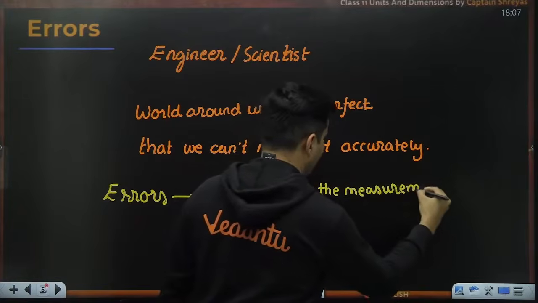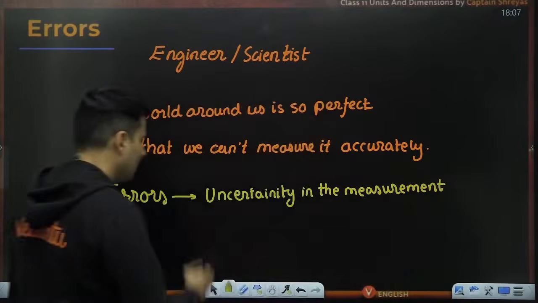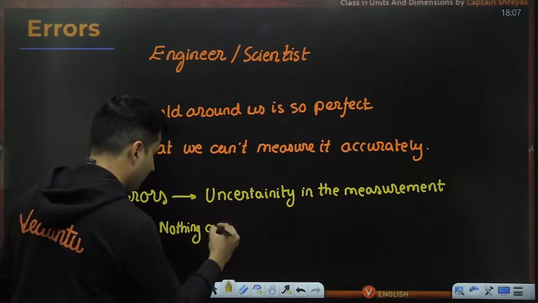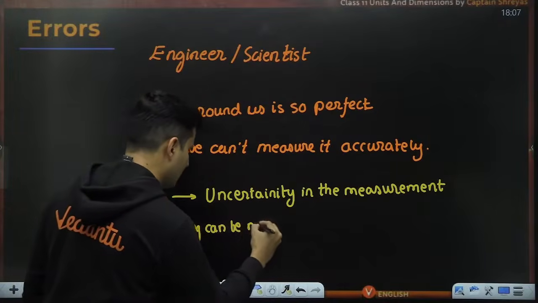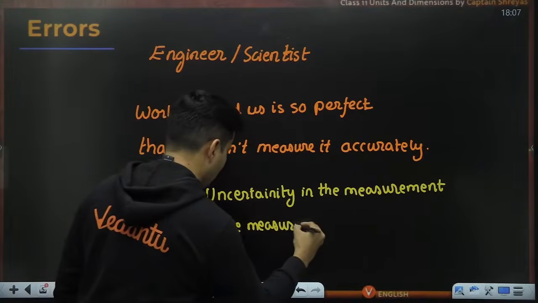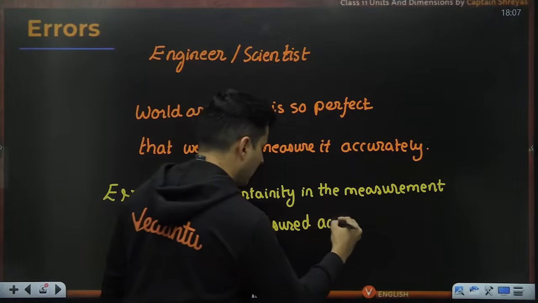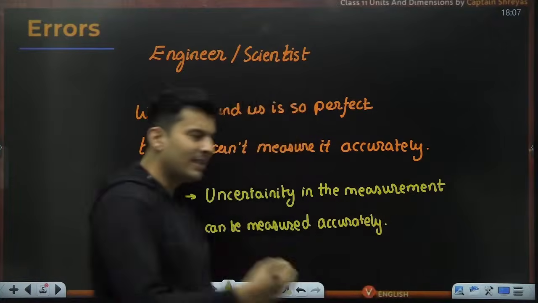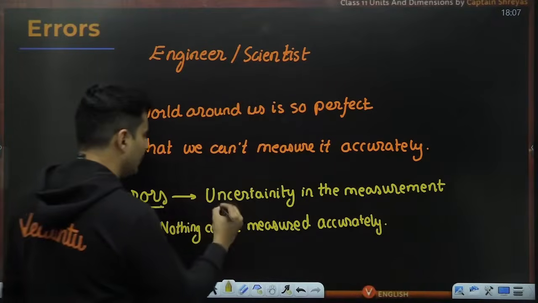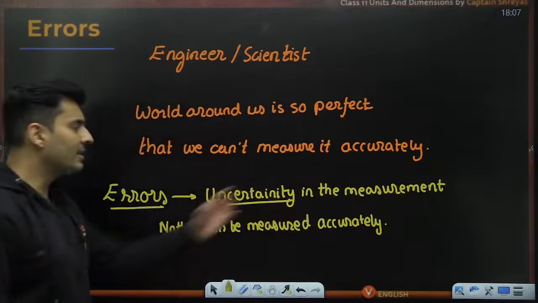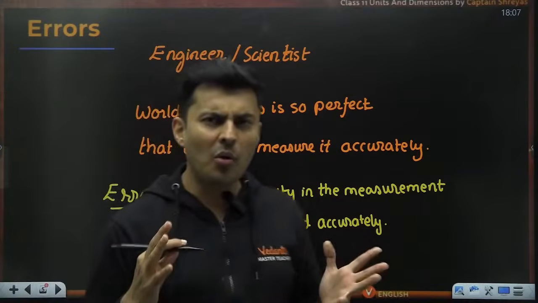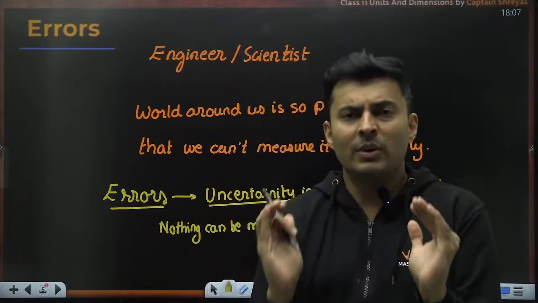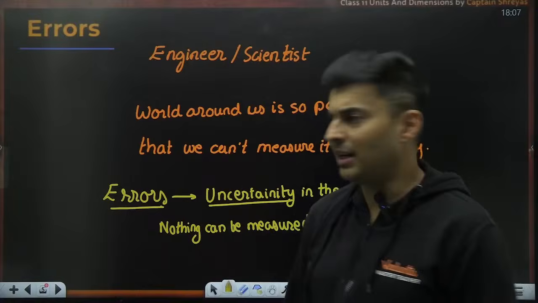Nothing can be measured accurately. There is always some kind of error in the measurement, or basically uncertainty, where I'm not sure what the exact value is. I can give you a range of values in between which the exact value might lie.